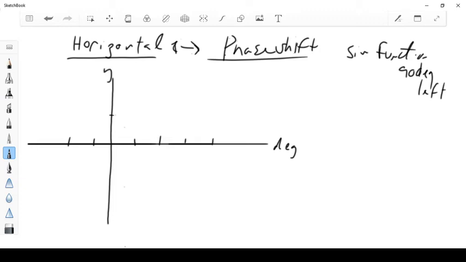So if I'm talking about translating something 90 degrees left, think about what that means. On this graph, each tick mark represents 90 degrees, right? This is 90, that's 180, that's 270, that's 360, that's negative 90, that's negative 180.